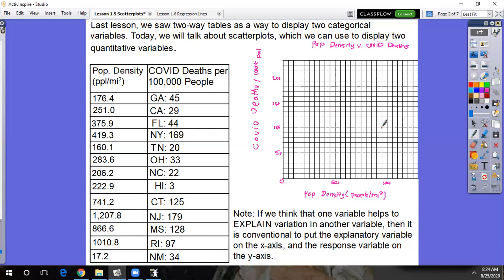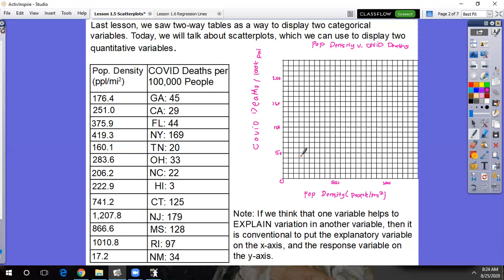Now to make our scatter plot, remember this is my X coordinate, this is my Y coordinate. I'm just going to start plotting points as X comma Y. The first one is 176.445. So I've got 50, 100, 150, 176 somewhere in here, 45.